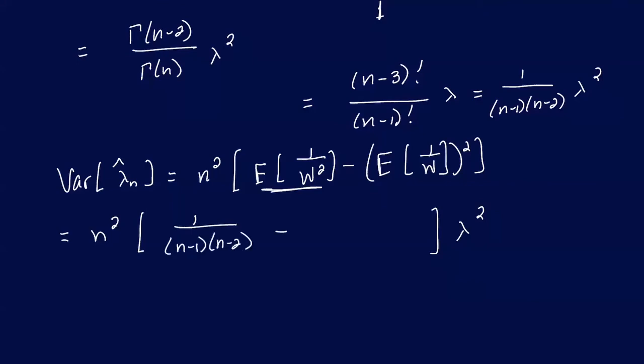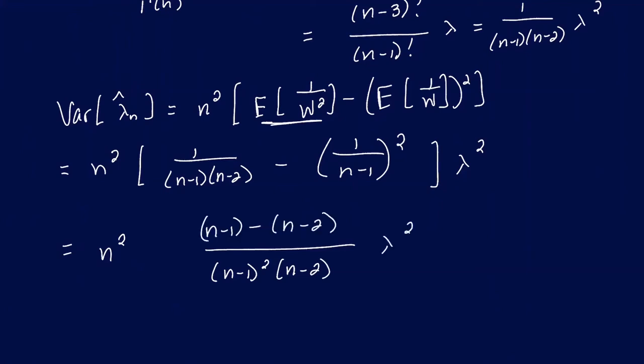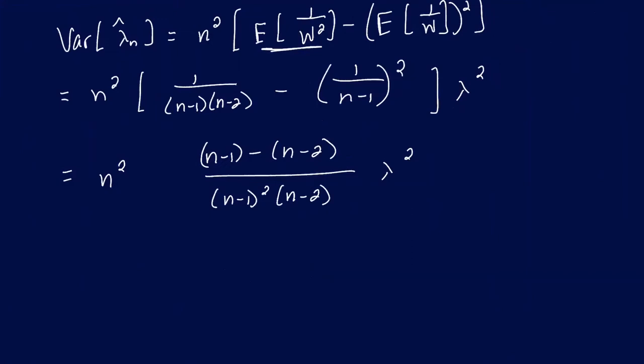And for the second one, I get 1 over n minus 1 squared. And getting a common denominator, the common denominator is n minus 1 squared times n minus 2. And we get n minus 1 minus n minus 2. And we end up with n squared over n minus 1 squared, n minus 2, lambda squared as the variance of our estimator.